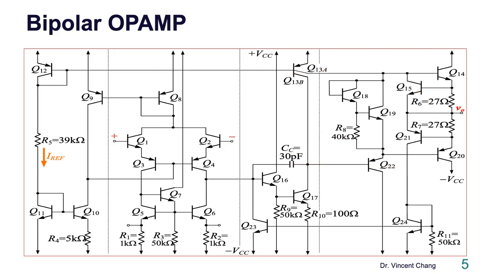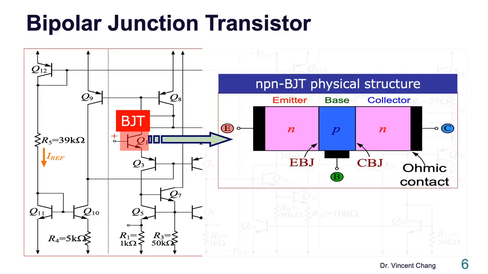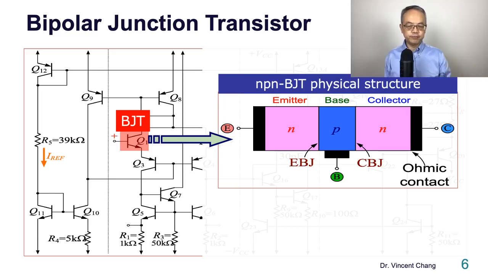There are 24 transistors within this bipolar operational amplifier circuit. Each transistor is called a bipolar junction transistor.